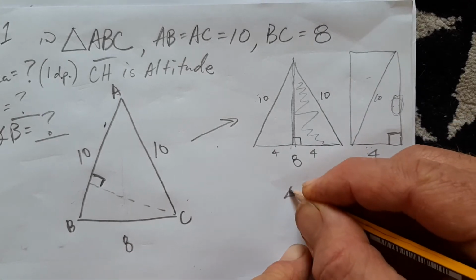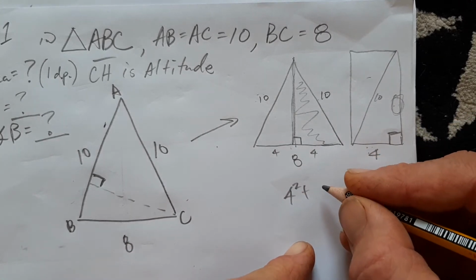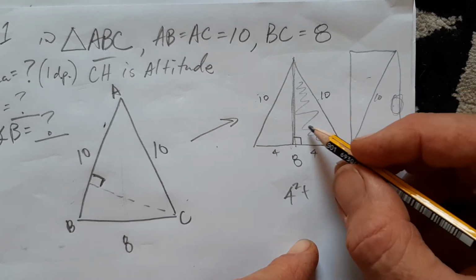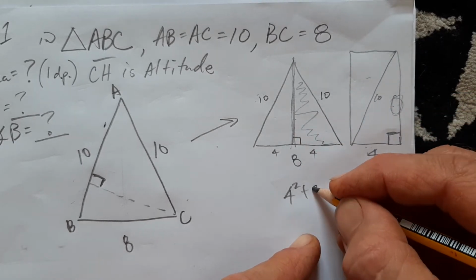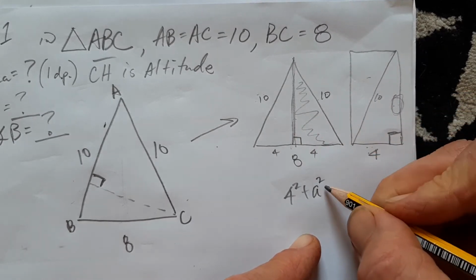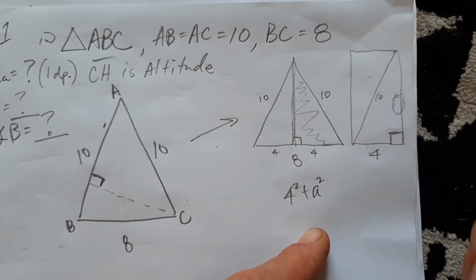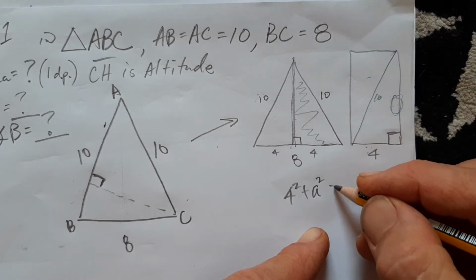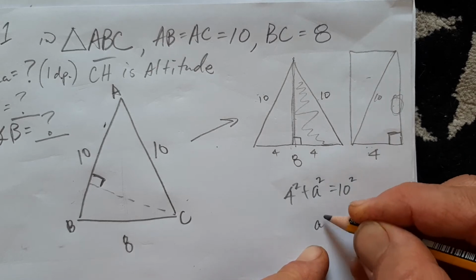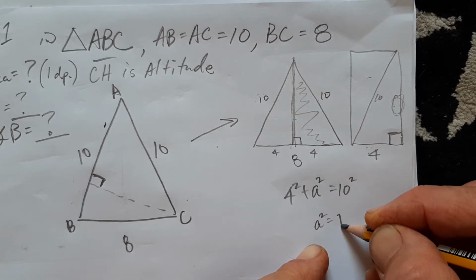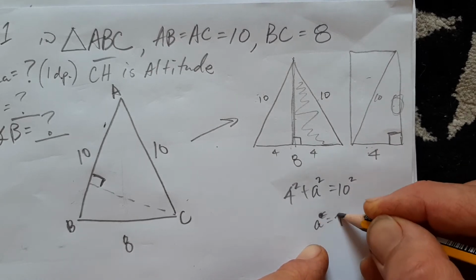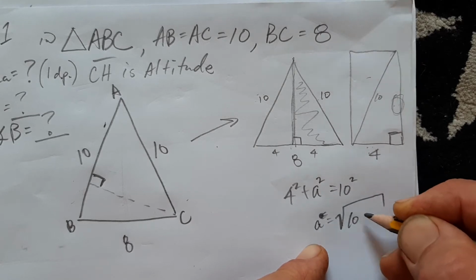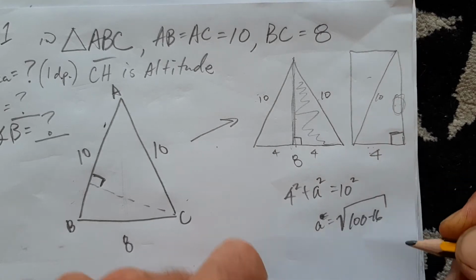So I've got 4 squared plus, let's call that altitude A. A squared equals 10 squared. Hope that doesn't mess us up. A equals the square root of, I think they like this number a lot anyways.